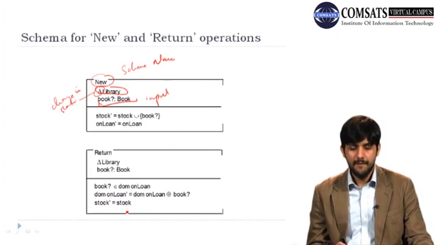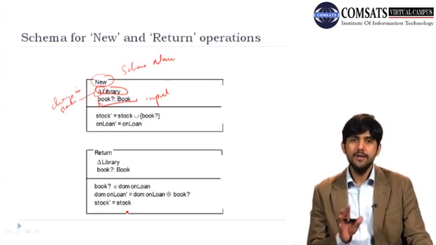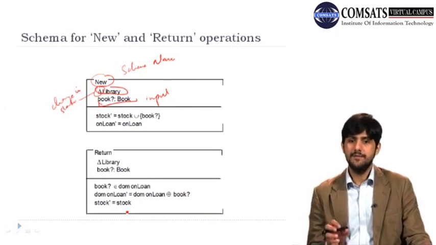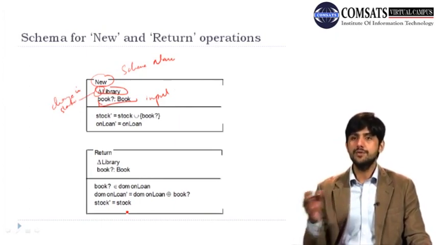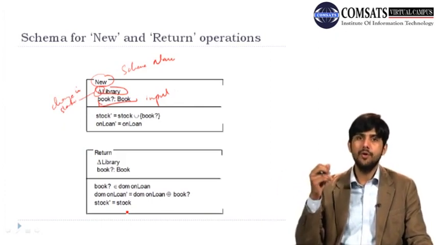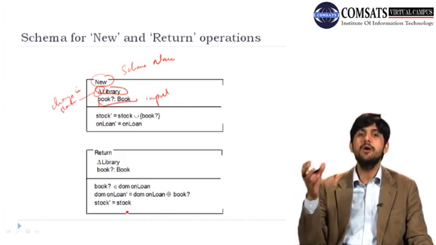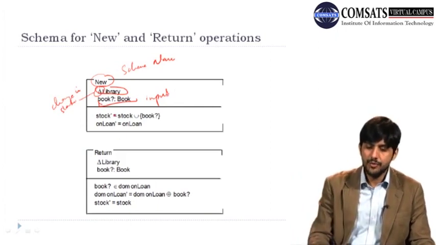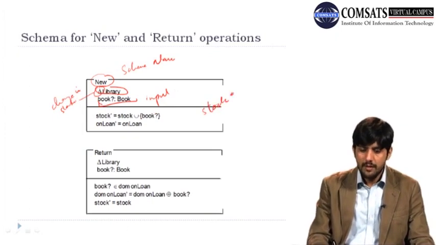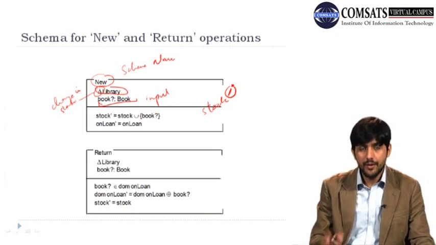Now what is happening is that in my on loan set, nothing is going to change, because I've just got a new book which I need to store in my library, or I need to update my library that we have a new book. So the only thing that is going to change here is my stock set. I am going to perform a very simple operation. First of all, this prime sign says that my stock is going to change.